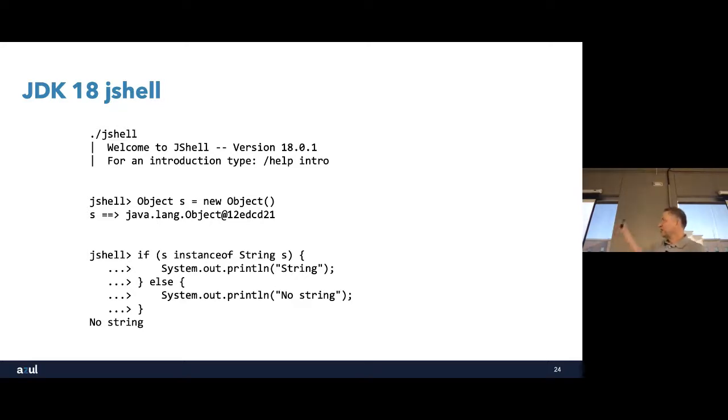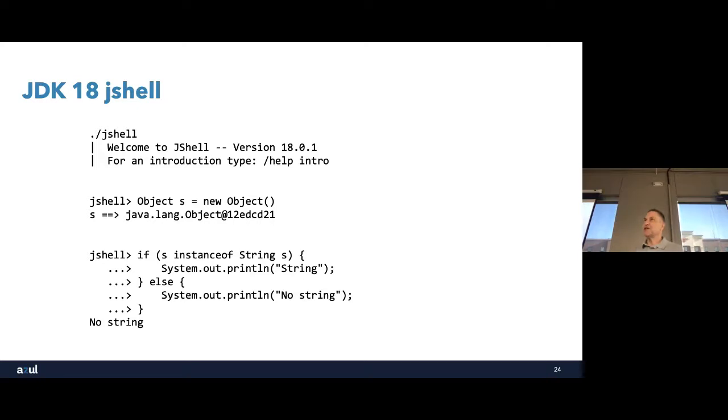If you run it on JShell, it will not complain, and it will give you the result you'd expect, which is no string. I have no idea why this works in JShell, but doesn't work with the compiler. As far as my understanding goes, JShell is just built on top of javac, so it should give you the same error message.